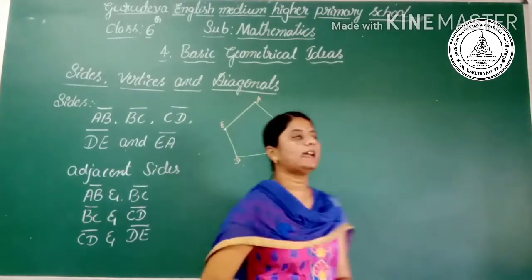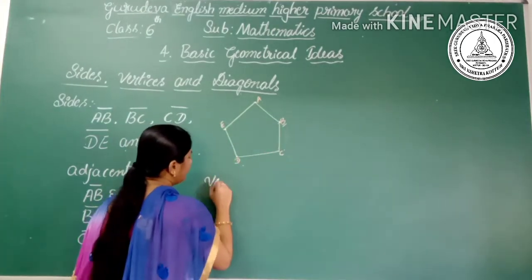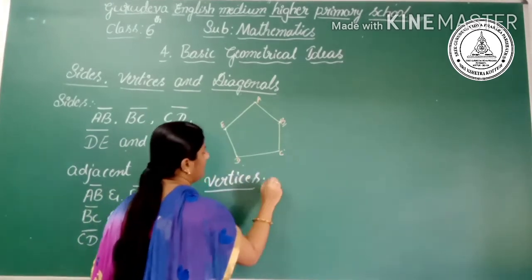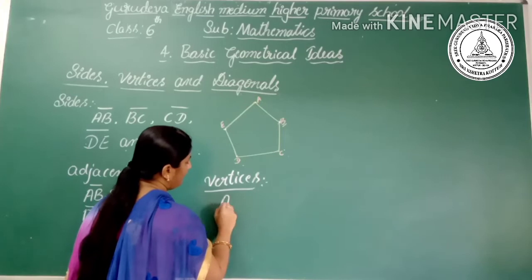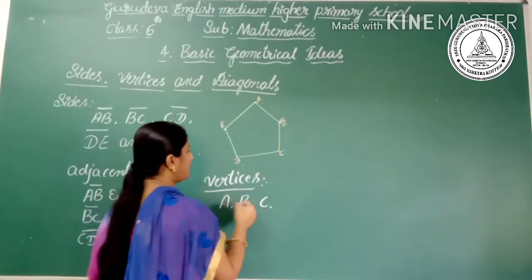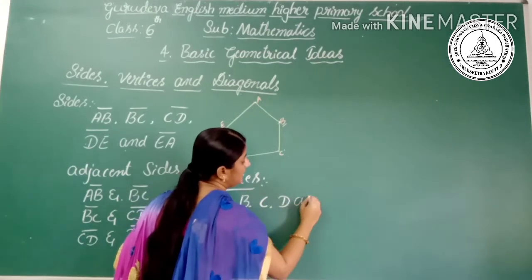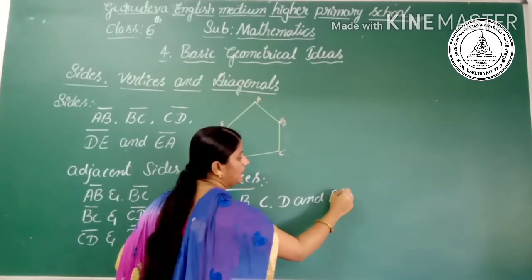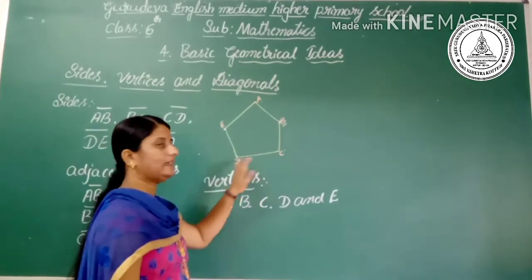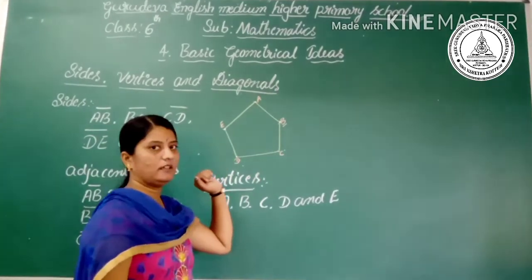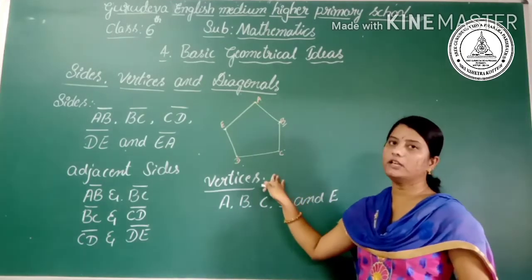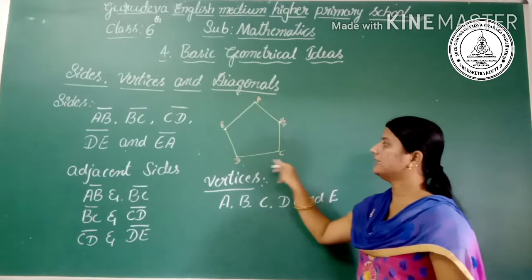We can write here the vertices are A, B, C, D and E, the vertices of the polygon ABCDE.